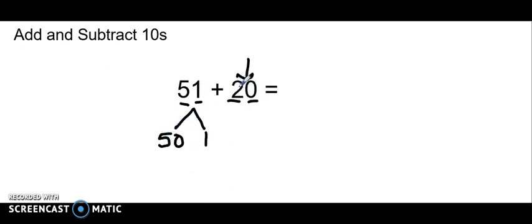So 5 tens plus 2 tens equals 7 tens, or you can say 50 plus 20 is 70. And then we're going to add the 1 to it, which gives us an answer of 71. If you notice, the only digit that changed was the tens place, because we only added a 10. The ones in this number was a 0.